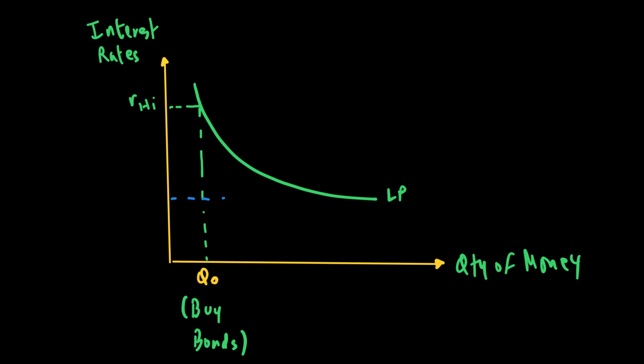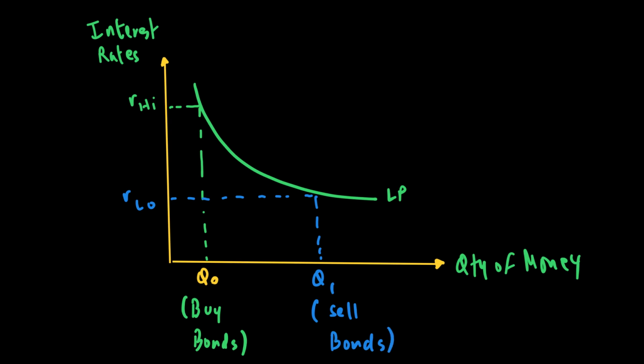Similarly, when the interest rates are low, that's when he will be holding more money balances, because the price of bonds is really high, and that is where he will be selling bonds.